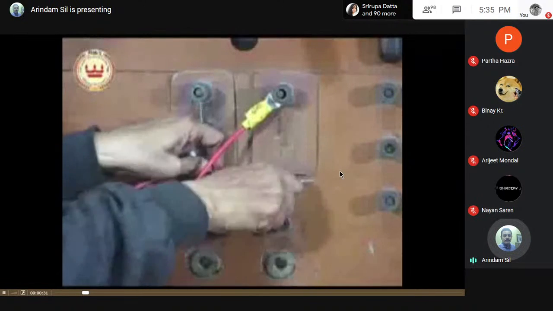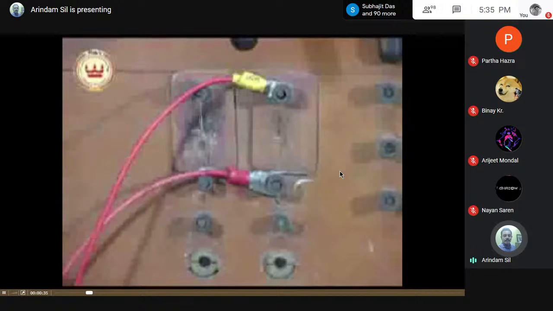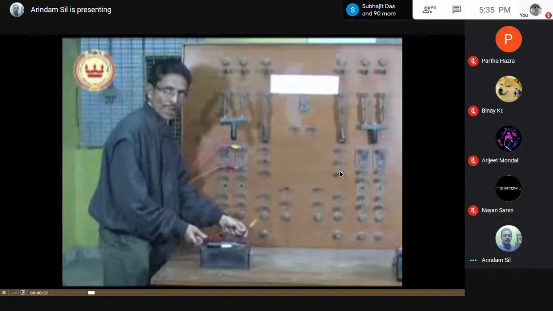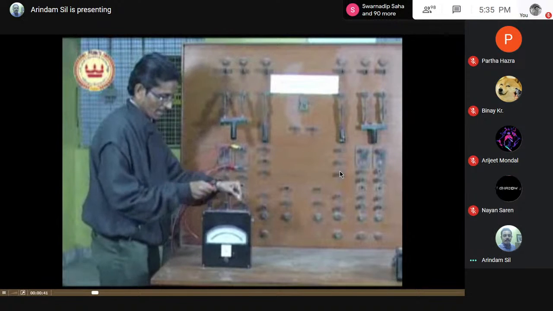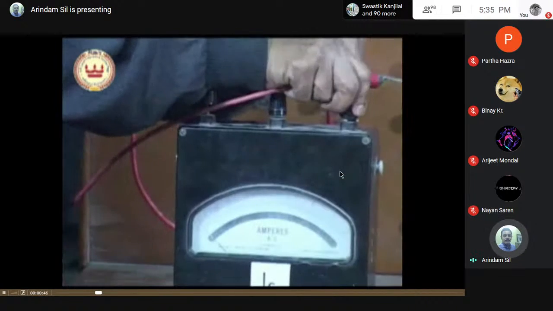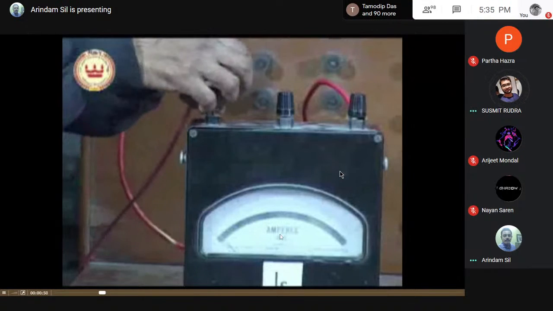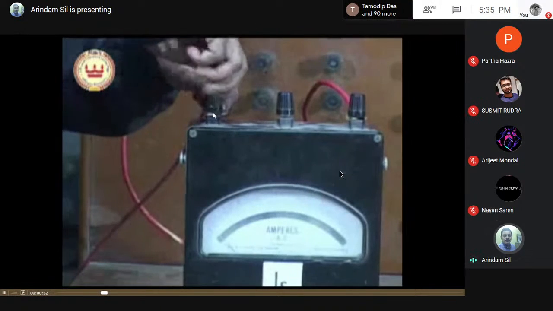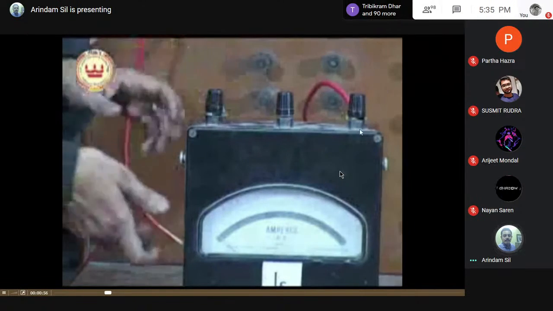So likewise, if the two wires are connected here, the other two terminals of the wire can be connected to an ammeter or a voltmeter. See, now he's keeping it straight. He's connecting one terminal to one of the terminals of the ammeter. Can you see this is the ammeter? The ammeter has a common terminal and two range terminals. One is 1 ampere, another of 2 ampere.